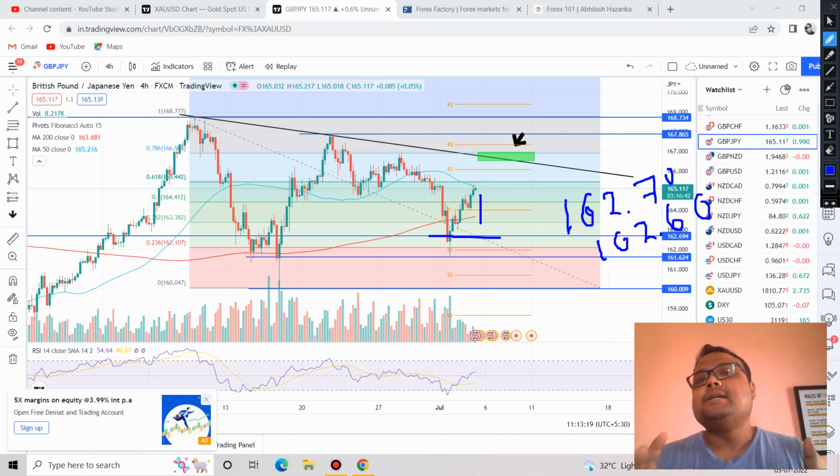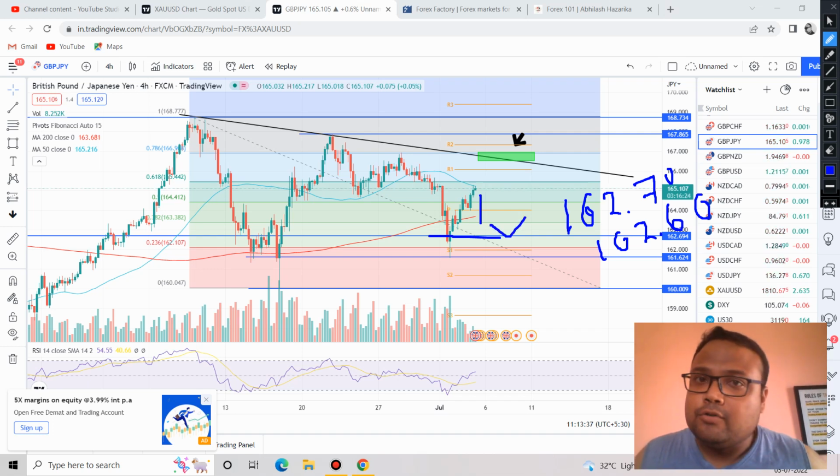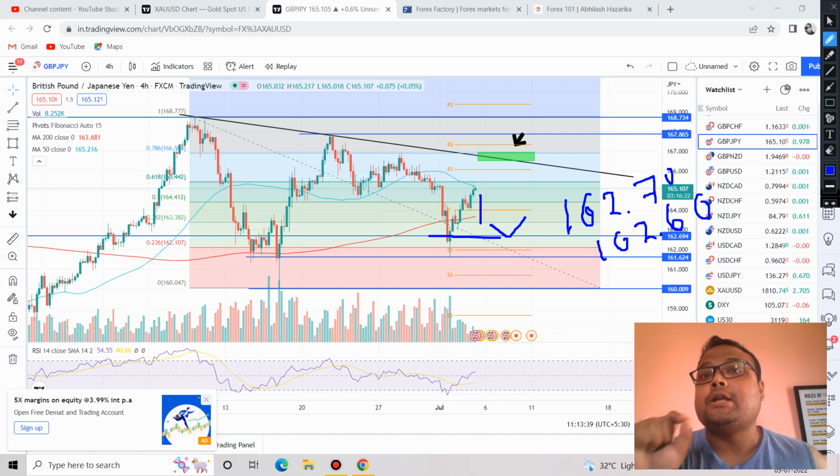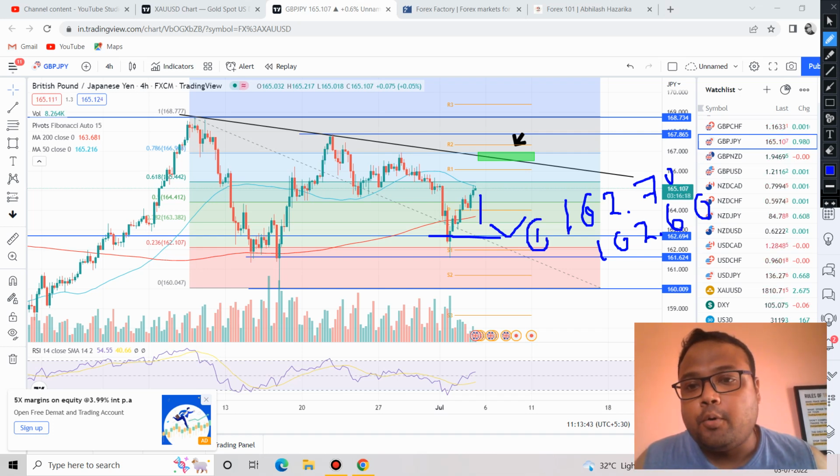You must understand that all levels do not have equal strength. Some are very powerful, some are not so powerful. So this level is of medium strength. If the selling pressure is not high enough, then only can you expect the market to get the required support and bounce. But still, this is our first support, support 1.